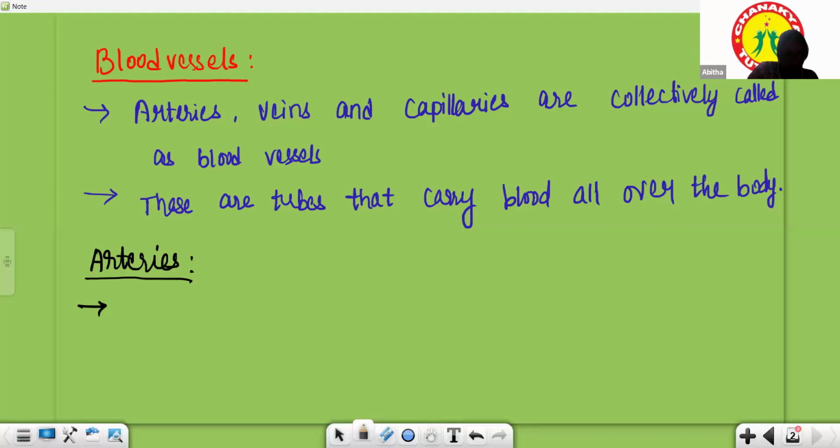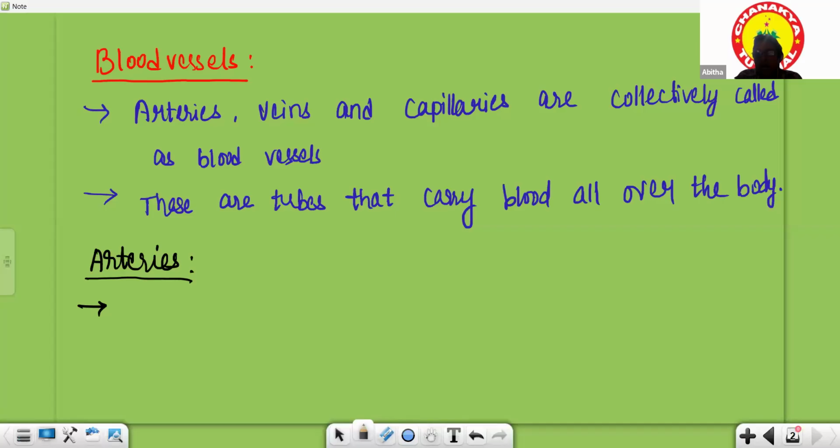The blood which is rich with oxygen is called oxygenated blood. You're taking in oxygen, right? That oxygen will be mixed with the blood, so that blood is called oxygenated blood.